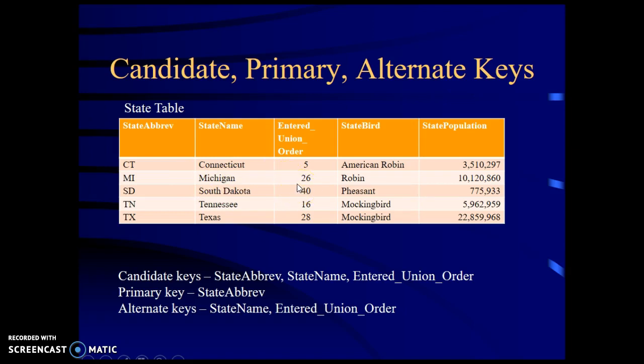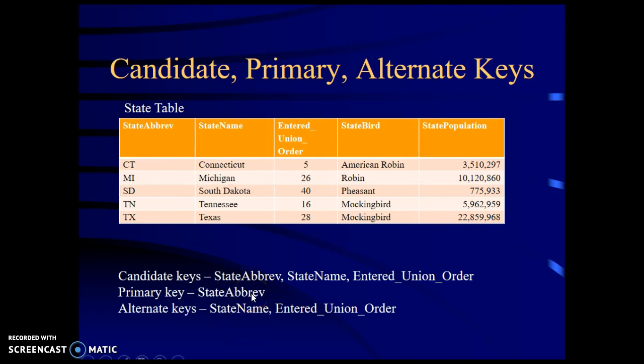Now, you have to determine which one of these three candidate keys would best serve as the primary key. Remember, one of the requirements for a primary key is minimal. So you really want it minimal and to make sense in usage. Out of all three of these, the one that stands out as the most logical is the state abbreviation.